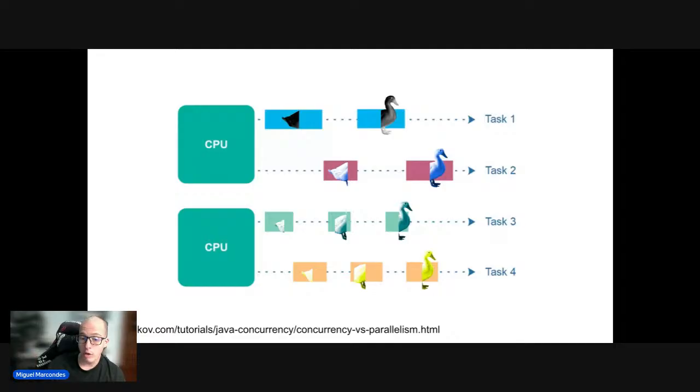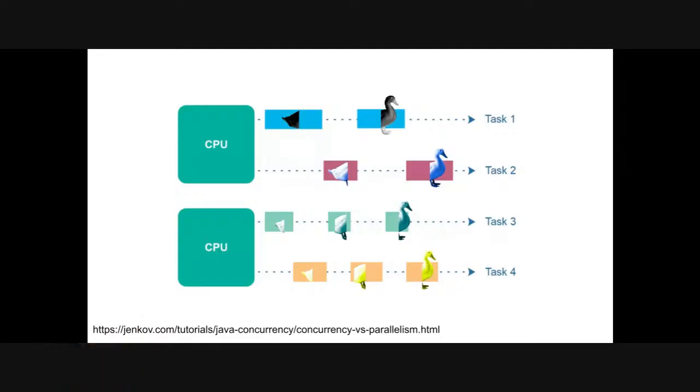So how is concurrency different from parallelism? Each duck will use the CPU to do things while it needs to wait for something, you know? So each task can be split into small portions of what needs to be solved, and it will process that on the main thread as it handles things.